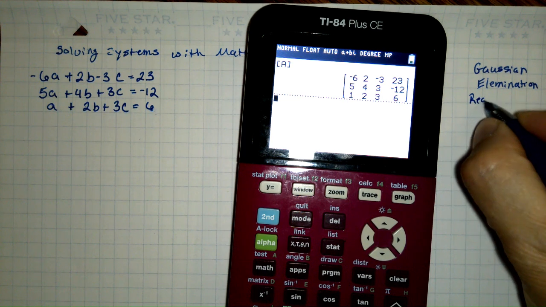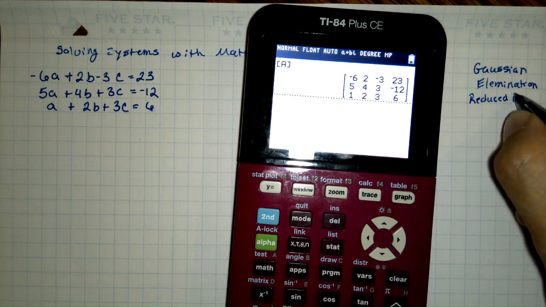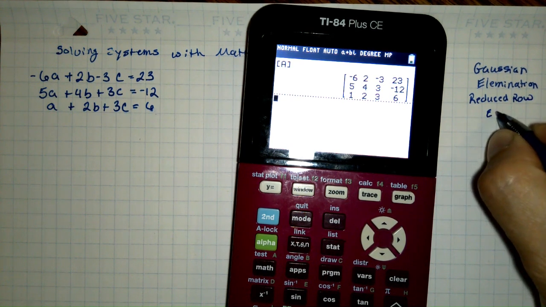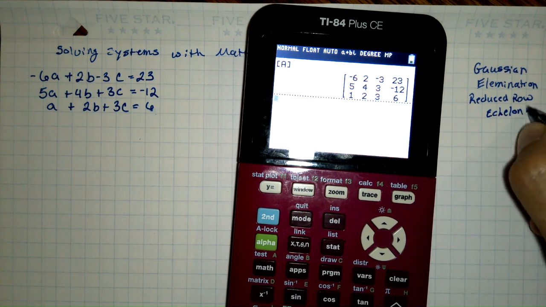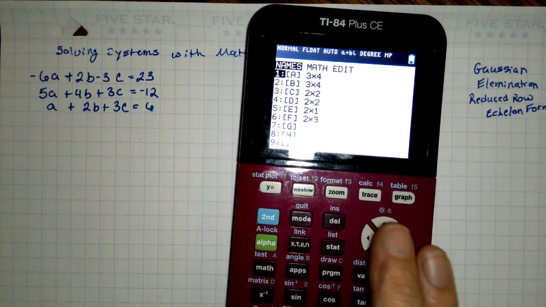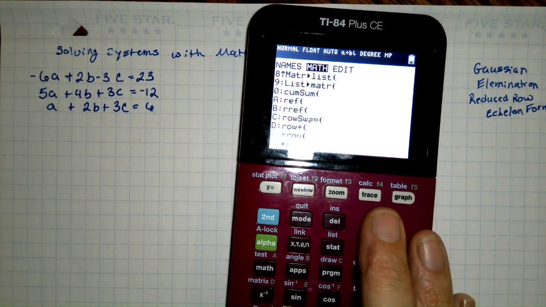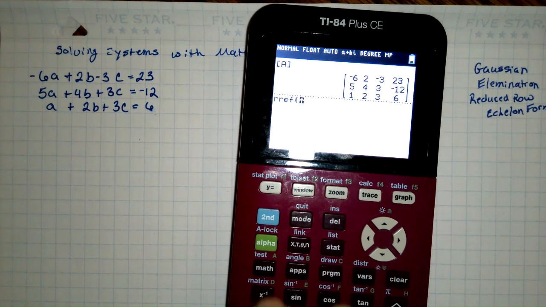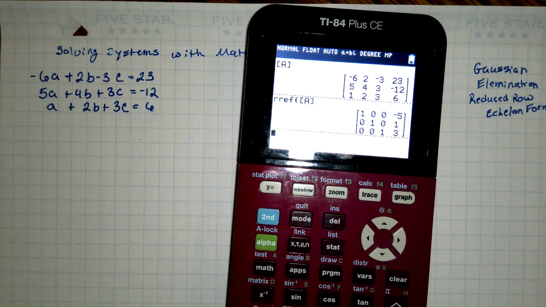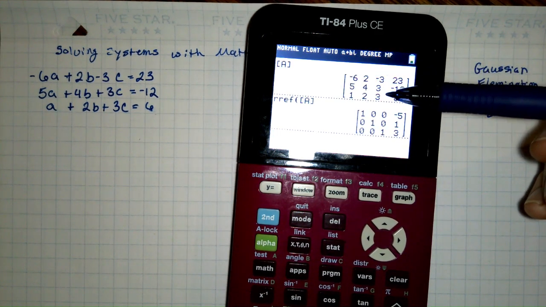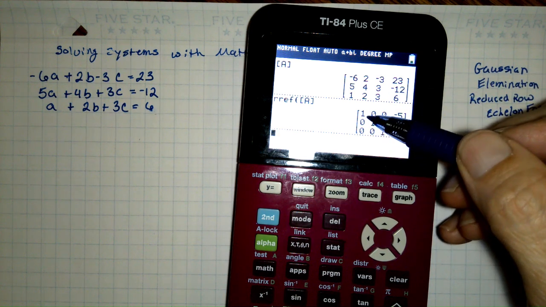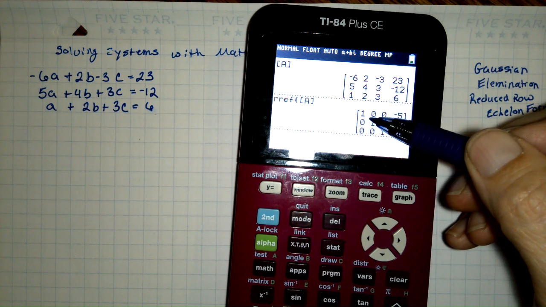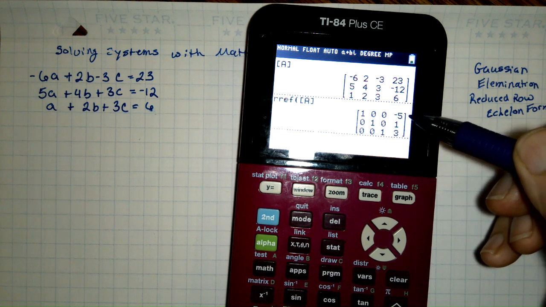Also known as reduced row echelon form, or RREF. So I'm going to go back in my matrix menu. I'm going to look for math. I arrow up so I can find it faster. There's that RREF, matrix A. And you'll notice that it took all my coefficients, and now this says 1A, no B, no C, is -5.